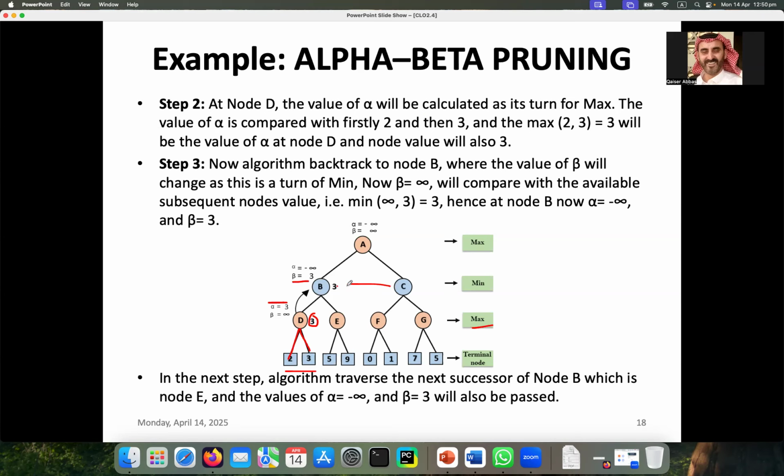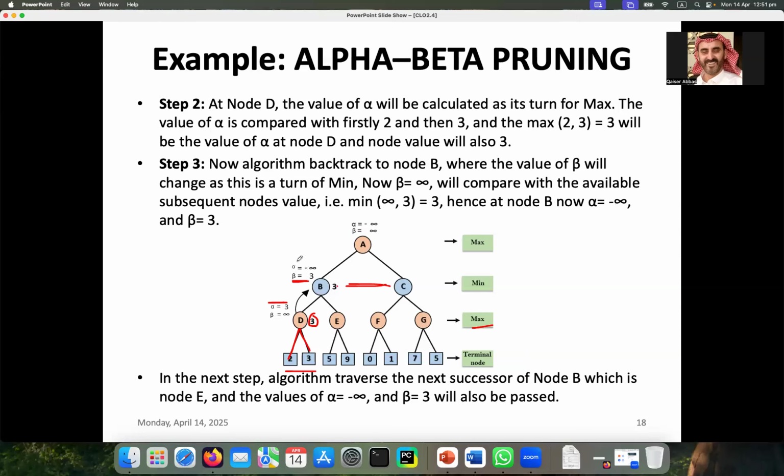Here, this is the turn of the min player. What value can the min player get from here? There are two values, 3 and infinity. The minimum value is 3, so that's why beta will be 3.